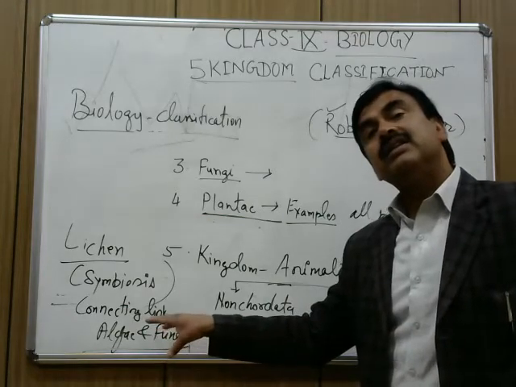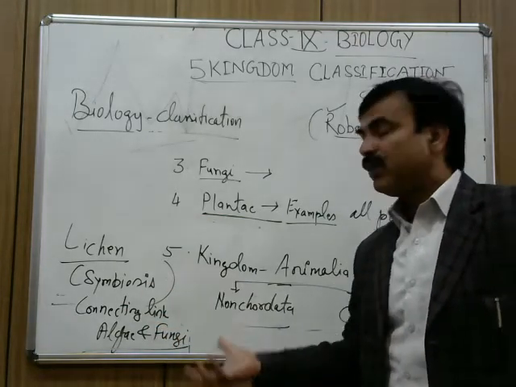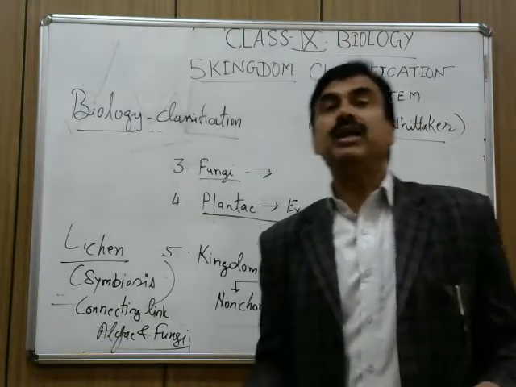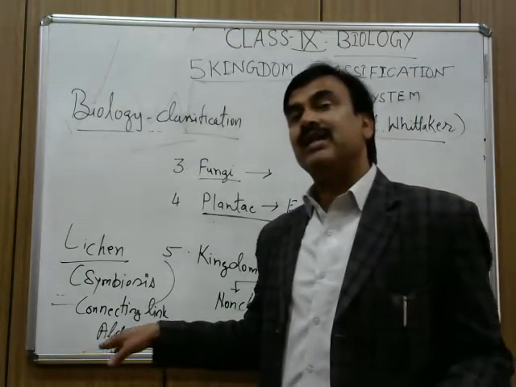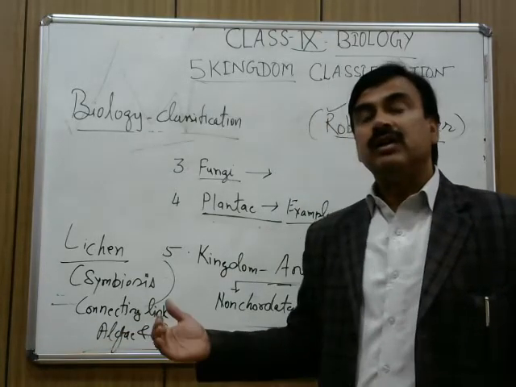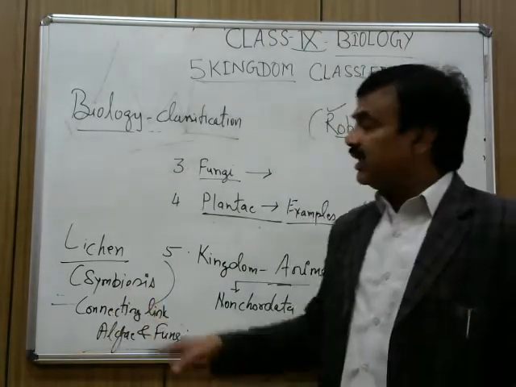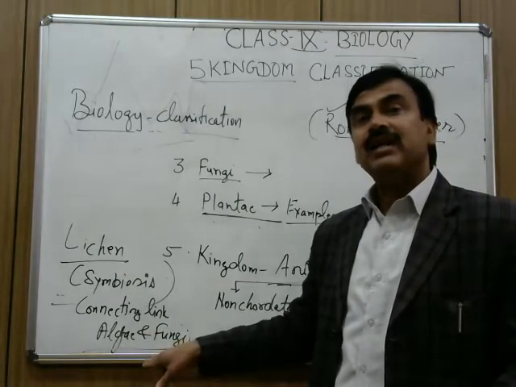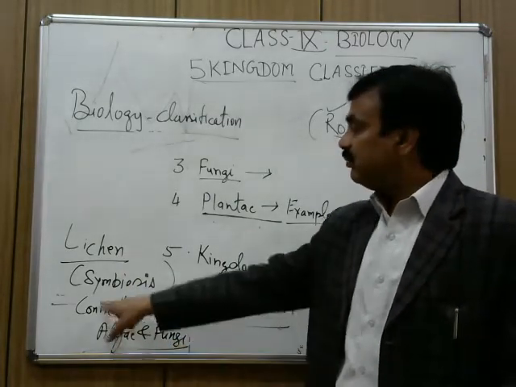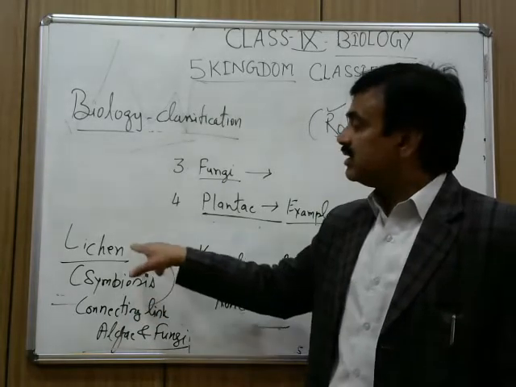So algae synthesize the food and fungi provide the minerals. Both species get benefit from each other. It is a mutual relationship of two at one place. This is called symbiosis. So it's a good example of lichen.